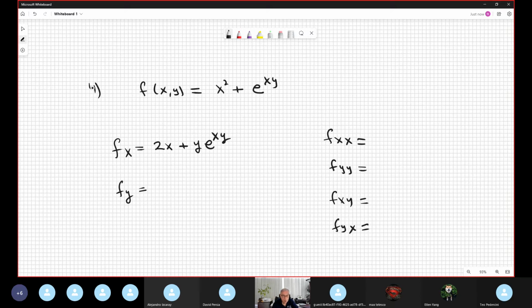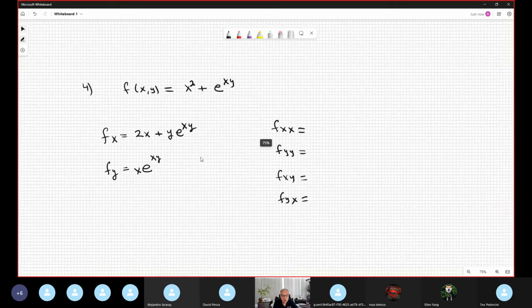The derivative with respect to y, the x squared part is 0, because it depends only on x, and here is similar: exponential xy, and the derivative of the argument with respect to y is x. Boom. Any question? First derivative. Okay. Let's move on to the second derivative.